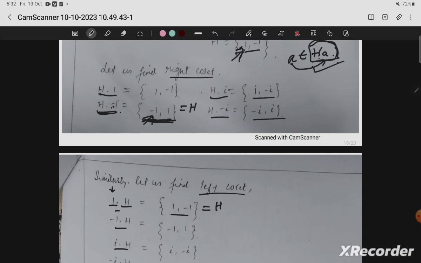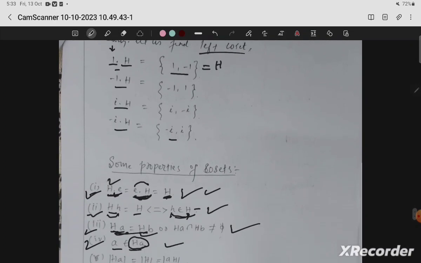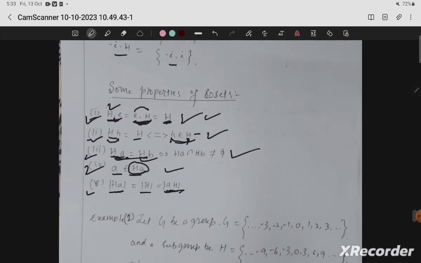So h into 1 is giving us 1 and minus 1, which is the same as the order of H. So we can say that the order of a right coset is equal to the order of H, which is satisfying. Now the next one is the order of the left coset is equal to the order of H.